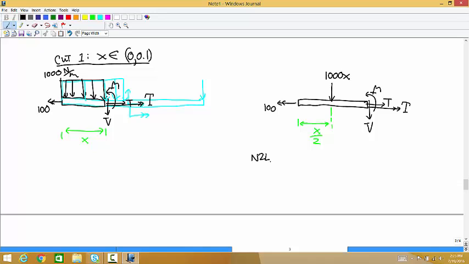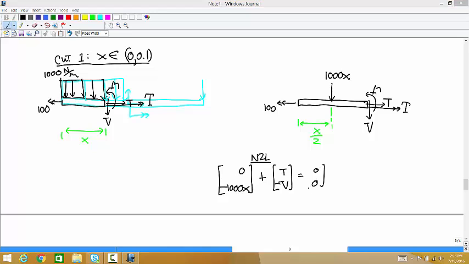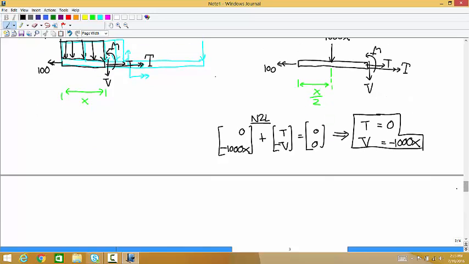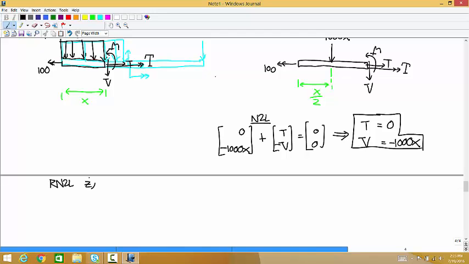So Newton's second law says 0, negative 1,000x plus t negative v is equal to zero. So t is equal to 0 and v is equal to negative 1,000x. And now we'll do the moment equation about the z-axis.